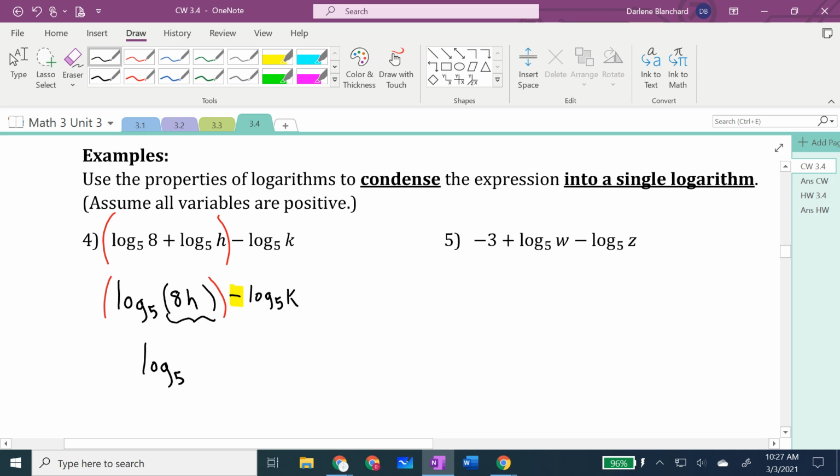What leads the subtraction, the insides, is the numerator. What follows the subtraction, the inside of what follows the subtraction, becomes the denominator. You are condensed when everything is in the logarithm, and so that is condensed.